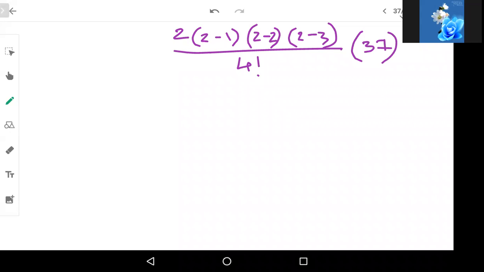So this is our full formula. Now let us solve this.